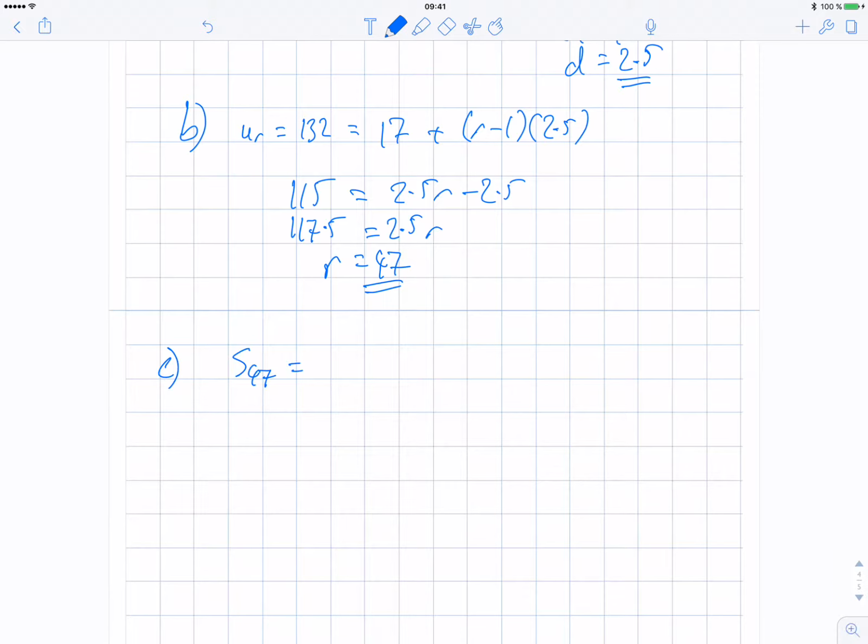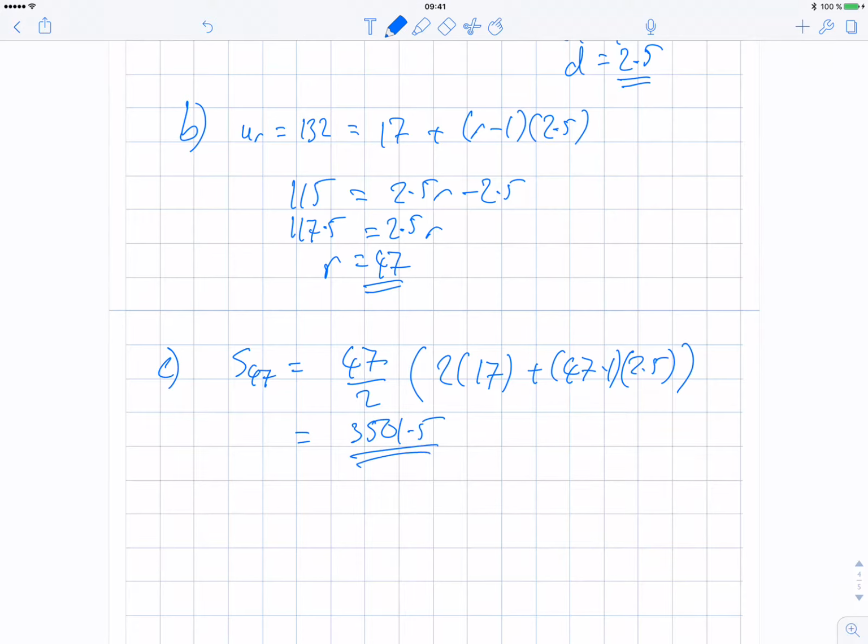S of 47 is equal to 47 over 2 times 2 lots of A plus n minus 1 times by D. And that's equal to, we'll just plug that all in the calculator. 3,501.5, and that's it done. Hope you found it interesting.